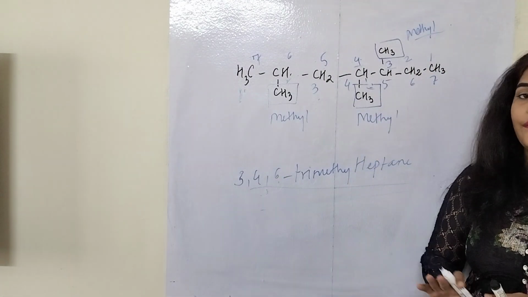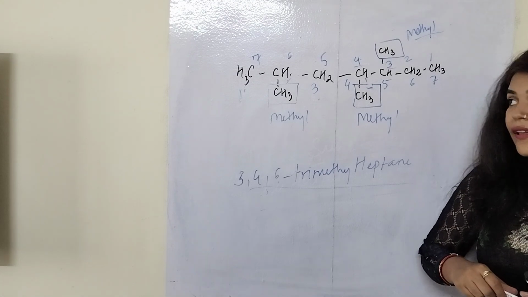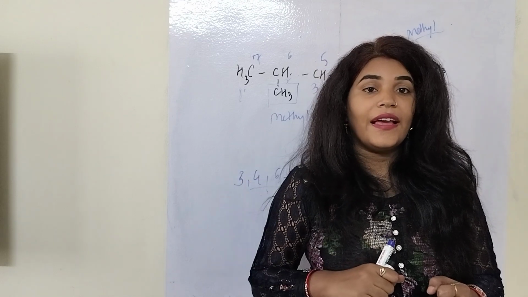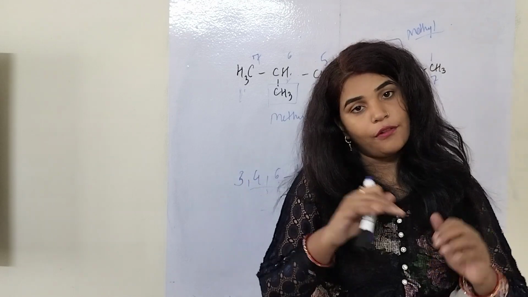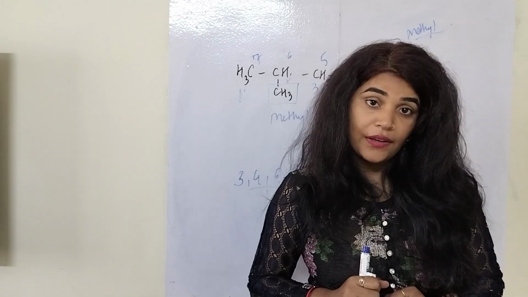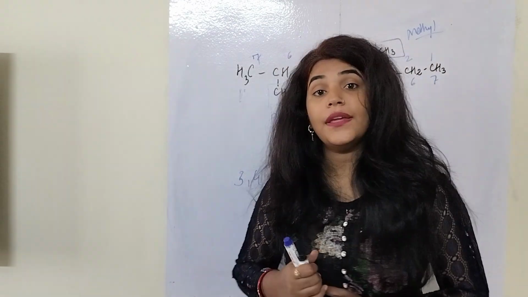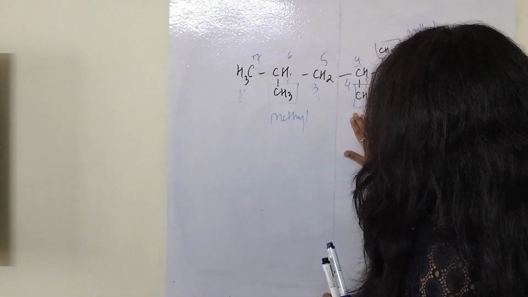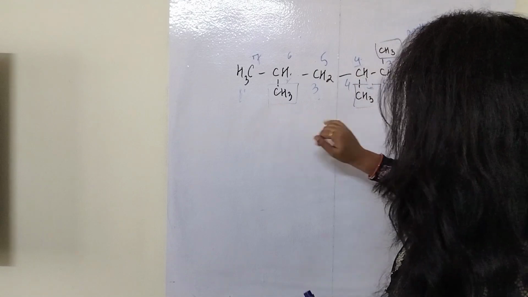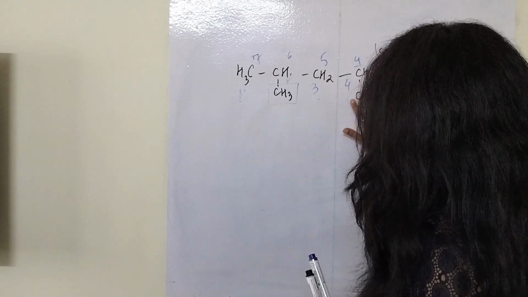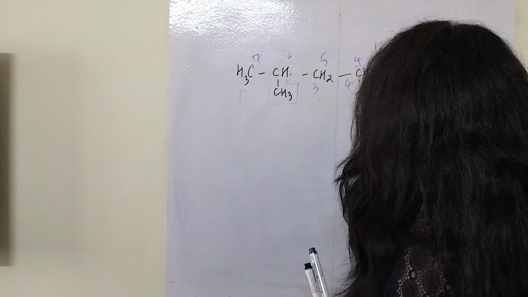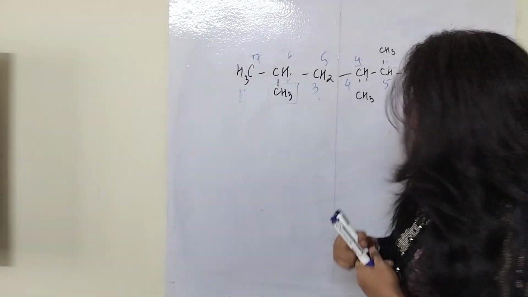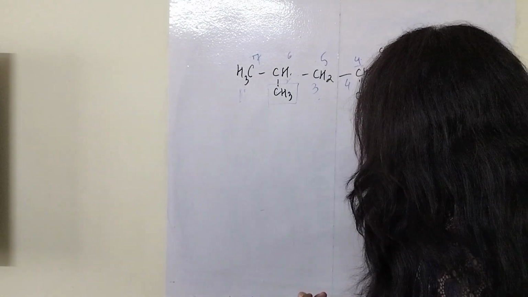Okay, so this is the naming of the organic compounds when substituents are attached to our longest carbon chain. Okay, but suppose instead of this methyl group I am attaching the ethyl group.